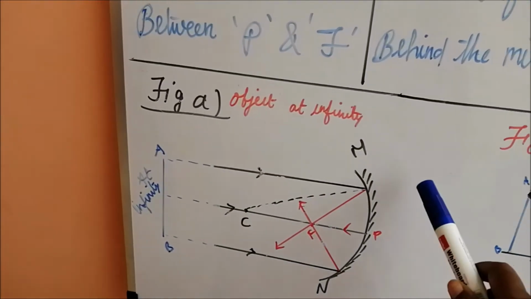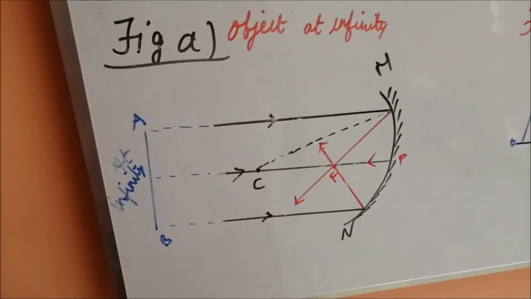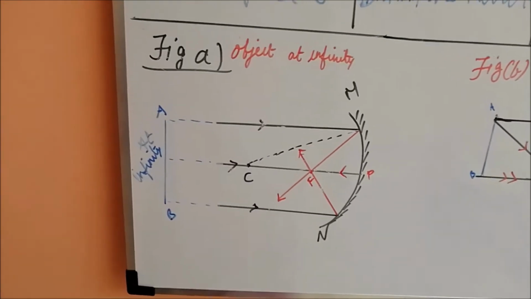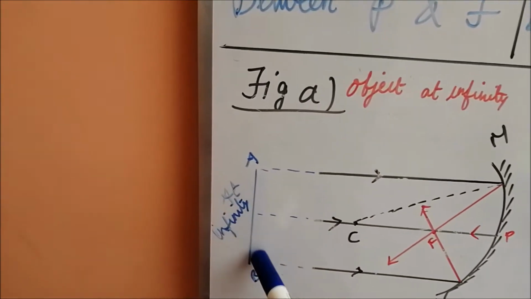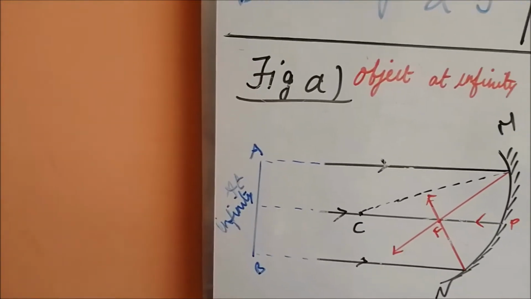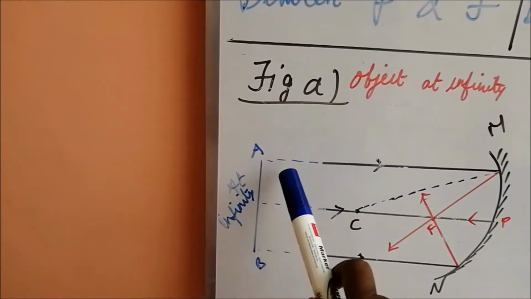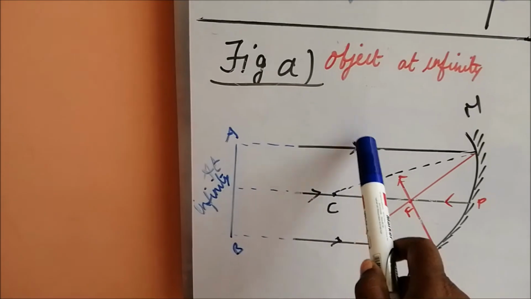Here are the pictorial representation, that is ray diagram for the position of the object and position of the image. Figure A represents the object at infinity. This is infinity. AB is object. These are the rays which come from A and B. You can identify by the arrow mark.